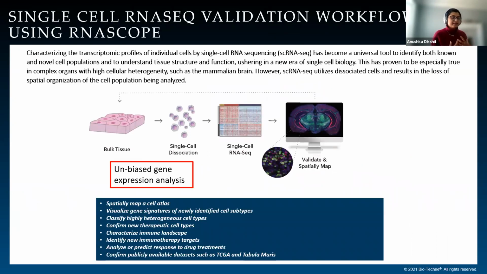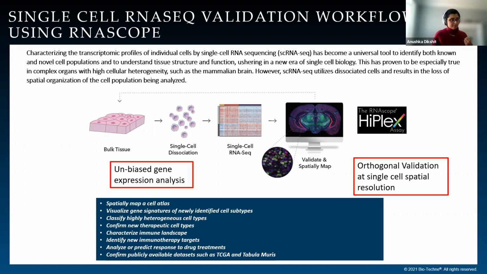Ultimately, we realized one of the biggest applications of this assay is for researchers performing single cell sequencing or to develop new cell atlases or profile tumor tissues, brain tissues, embryonic tissues to identify new cell types. But after they have done that, they are very keen on visualizing these unique cell types at the tissue level. And that's where we provide our HiPlex and other multiplex assays for orthogonal validation of the single cell sequencing tools.